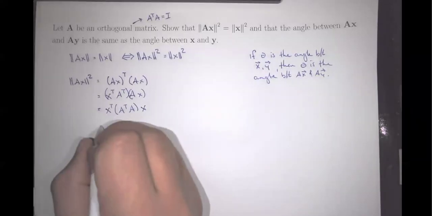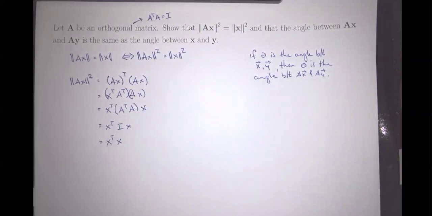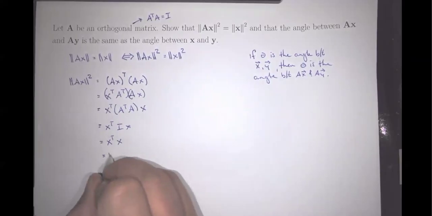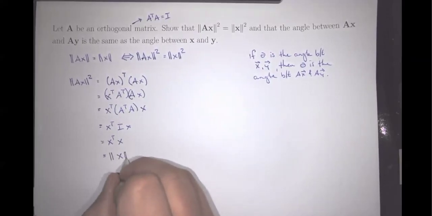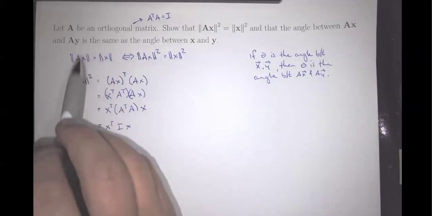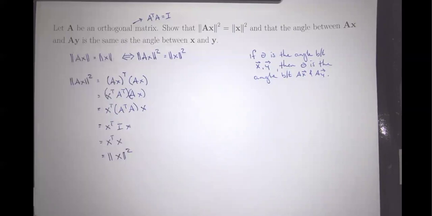So this is X transpose times the identity matrix times X. And of course, that means it's X transpose times X. But X transpose times X is the dot product of X with itself, or the norm of X squared. So the first property is indeed satisfied, right? Taking a vector X, multiplying it by an orthogonal matrix does not change the length.